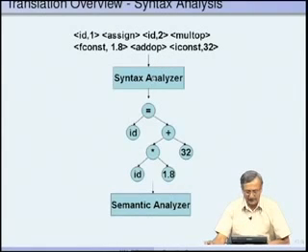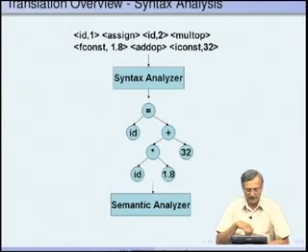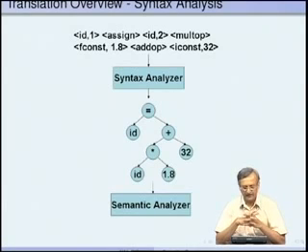The syntax analyzer makes sure that the assignment statement is indeed correct in syntax. In other words, there is an identifier on the left side of an assignment, there is an identifier on the right side of an assignment, followed by an expression or whatever operator and so forth. In general, the programming language constructs are complex.